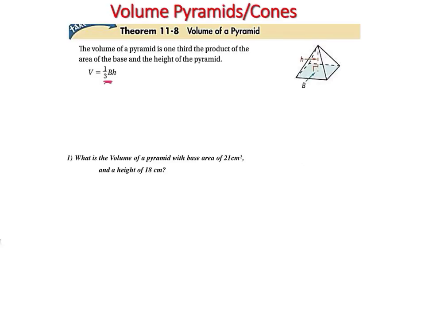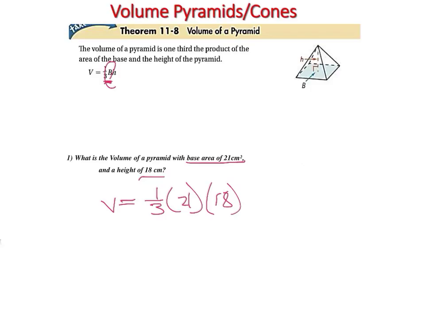Okay, so for this first problem, what's the volume of a pyramid with base area of 21 square centimeters and a height of 18? Okay, so finding that volume, it's going to be 1/3 times the base area, B, which is 21, times the height, which is 18.